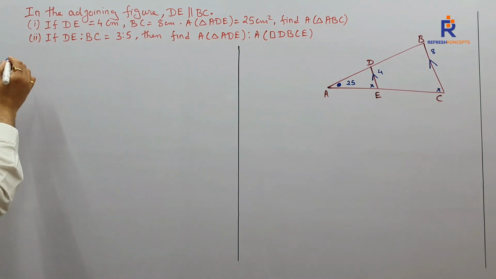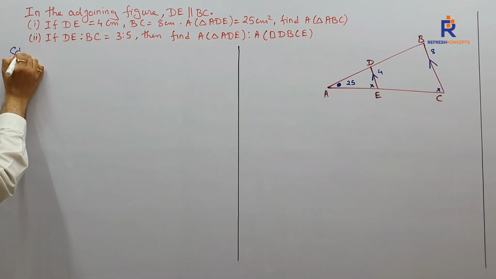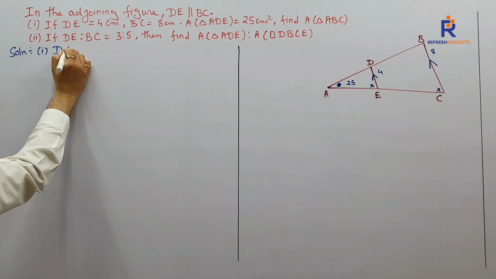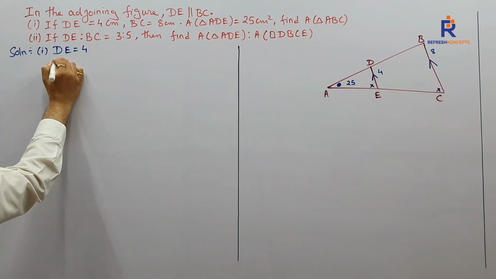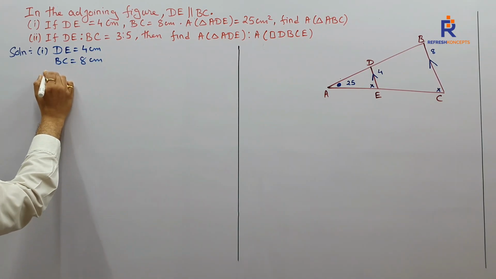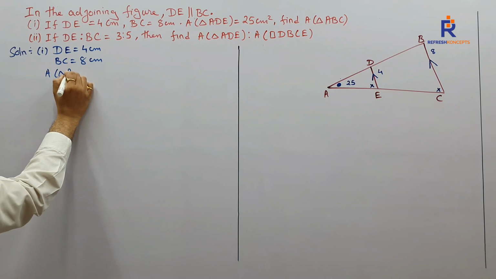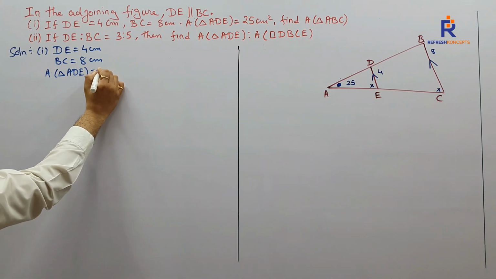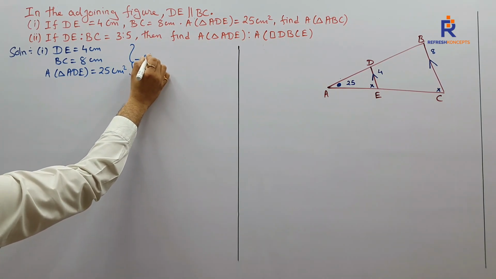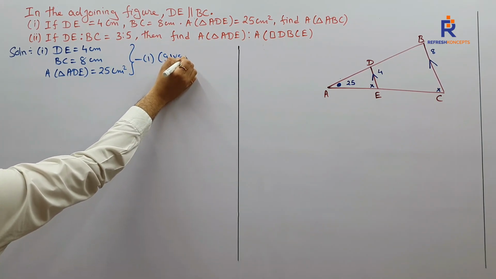So here we start off with our first one, solution. The first one, they say DE is 4, that of BC is 8 centimeters, and area of triangle ADE is 25 centimeters square, all under one roof, I shall say, given.